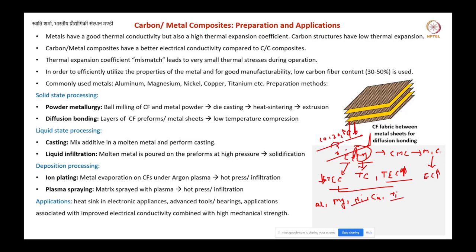Now there is a processing, or you can say a preparation method, for how you will prepare this kind of composite. So there is powder metallurgy. Saying powder metallurgy is not a small thing, it has a lot of concepts when you actually go through it. There are a lot of powder metallurgy books if you want to explore your knowledge in the field of powder metallurgy. You can find some good reading or study material.